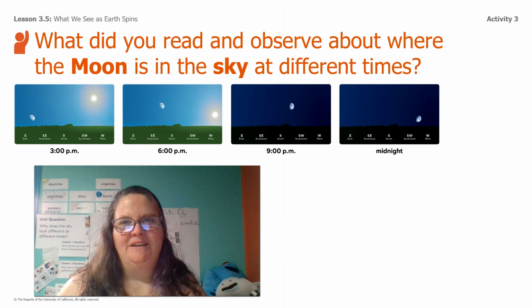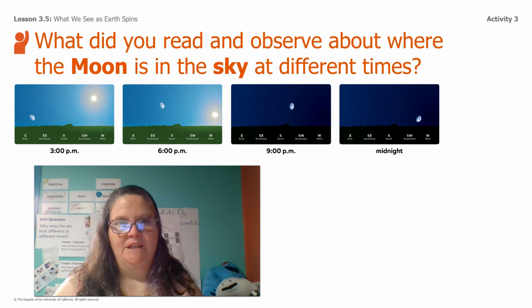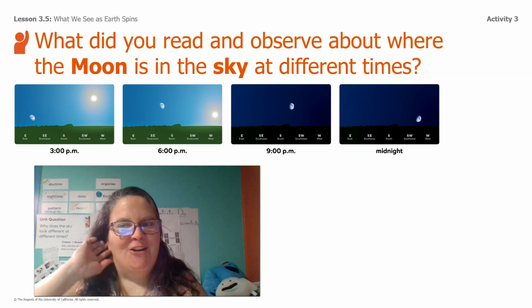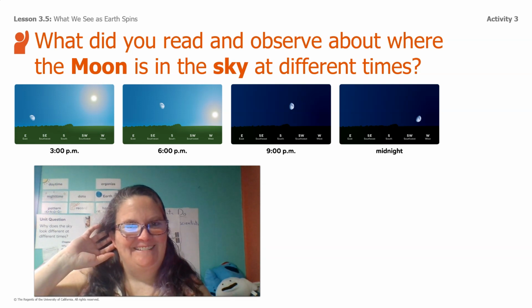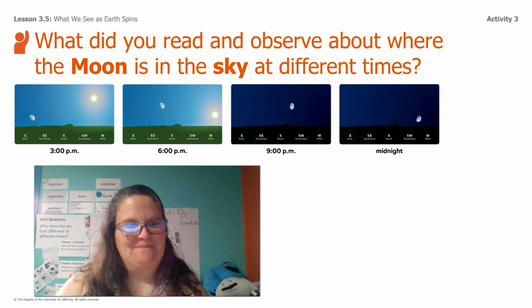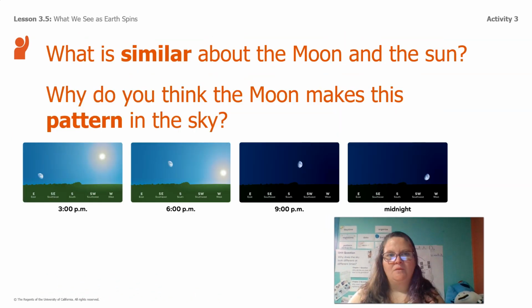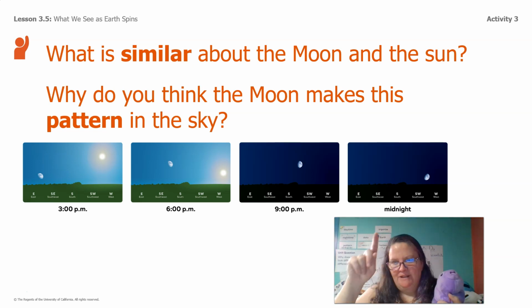What did you read and observe about where the moon is in the sky at different times? Tell me all your ideas. Did you guys notice that there might be something similar between the moon and the sun? What is similar about the moon and the sun? Why do you think the moon makes this pattern in the sky?